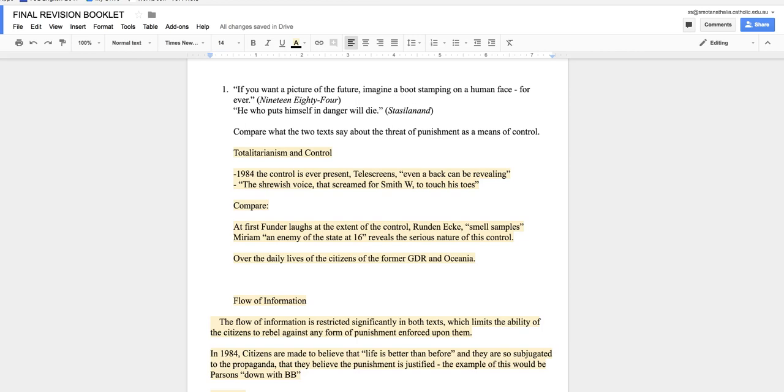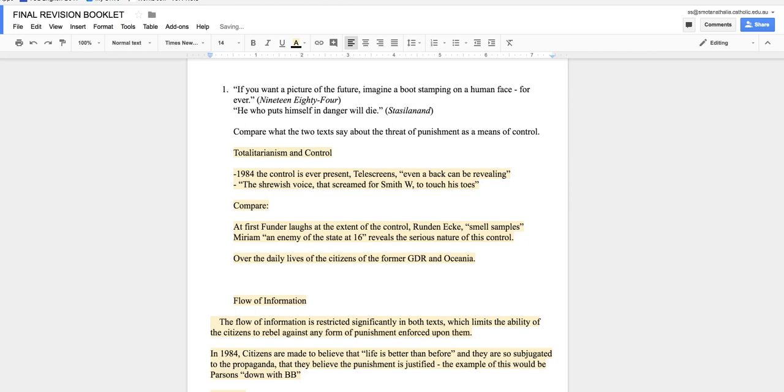Stasiland flow of information, we could talk about Miriam and the threat against speaking out regarding Charlie's death in the remand cell.